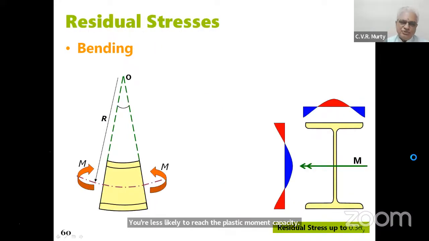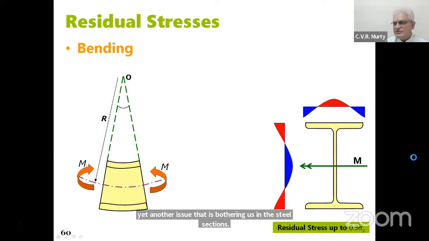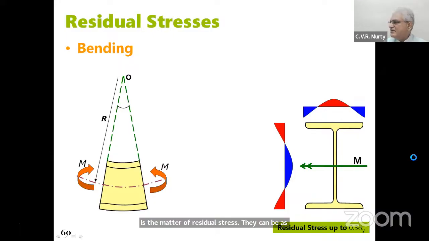There's yet another issue that is bothering us in hot rolled steel sections, which is the matter of residual stresses. They can be as much as 30% of the yield values. And they're not uniform. They vary because the tips have more freedom to cool faster and the junctions are less free to move. So you will see that they cool at differential rates.